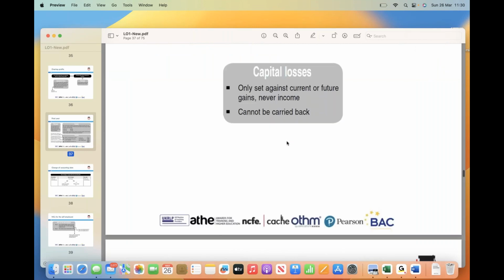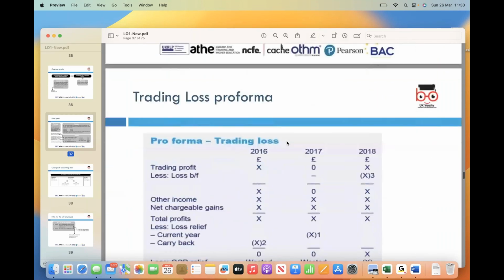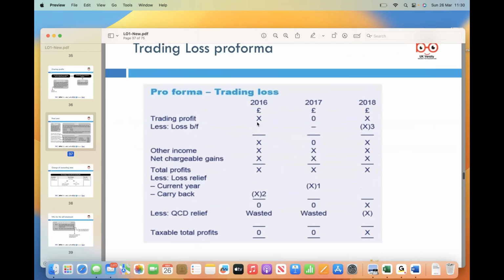So here he's giving a trading loss proforma. If there is a loss brought forward from a previous year, as you can see here, it can be set against the trading profit for the current year.